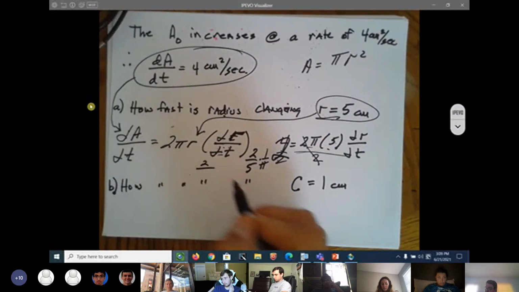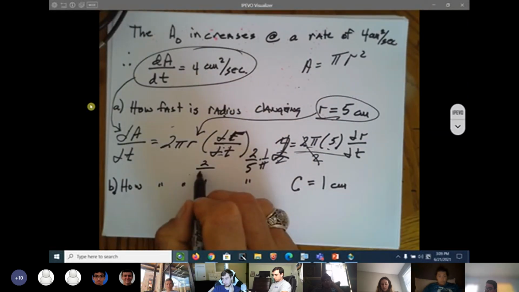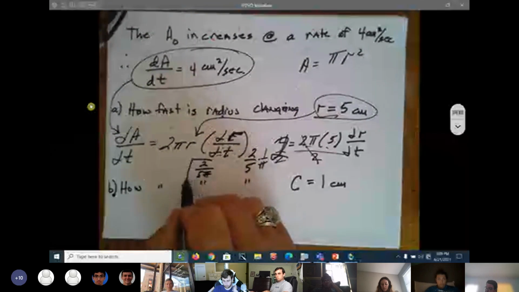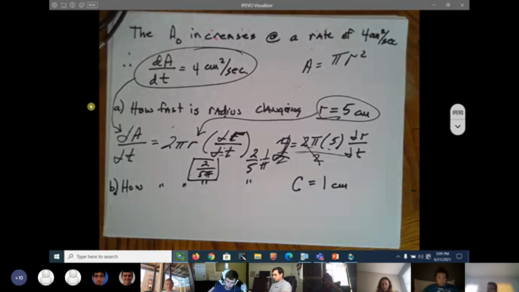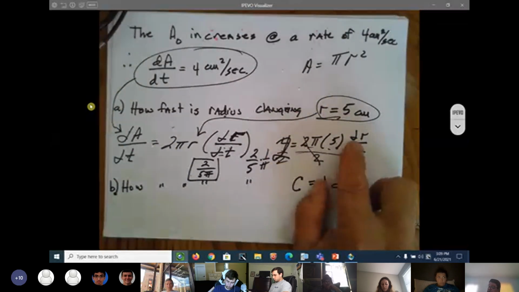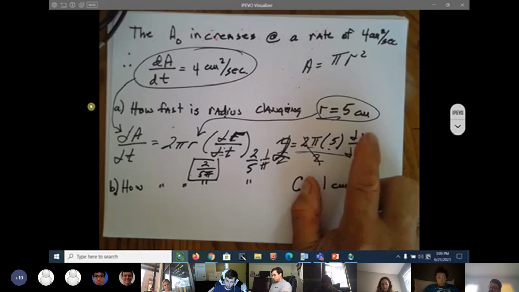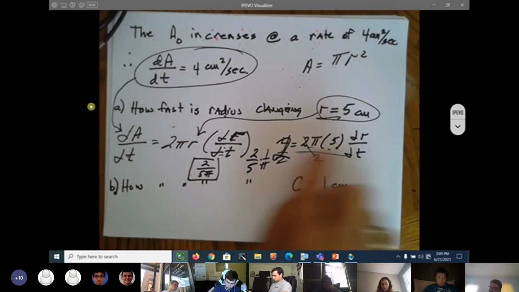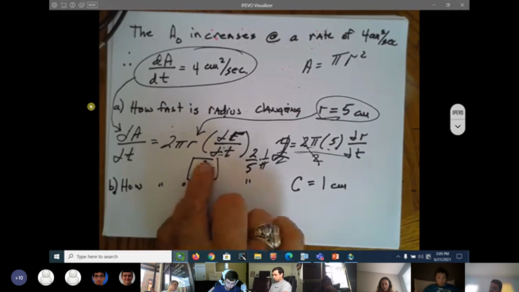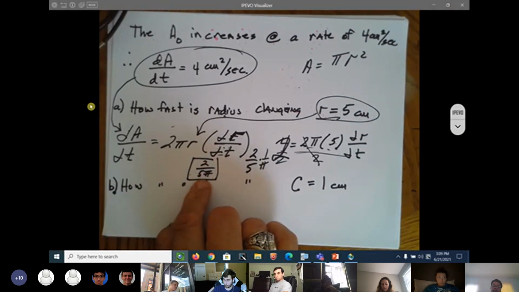So 2 over 5 pi is equal to the rate of change, the change in the radius over time is 2 over 5 pi.